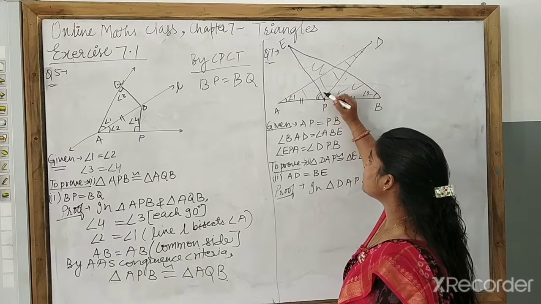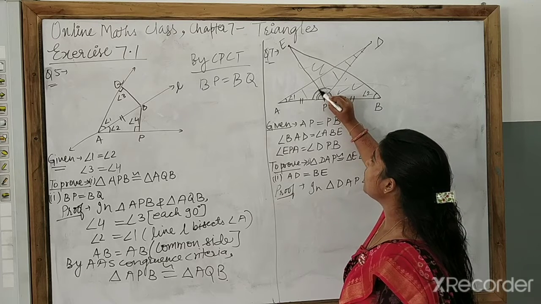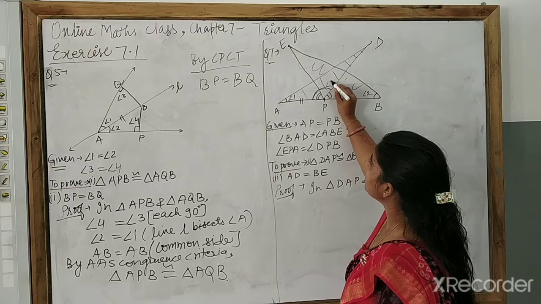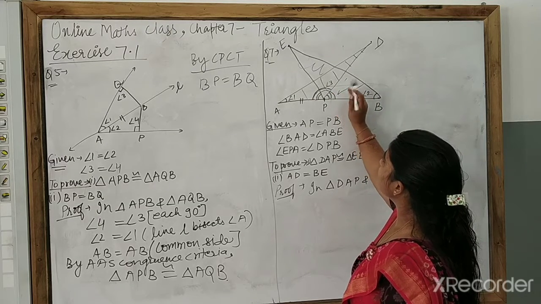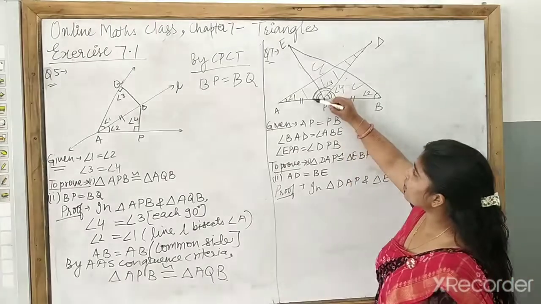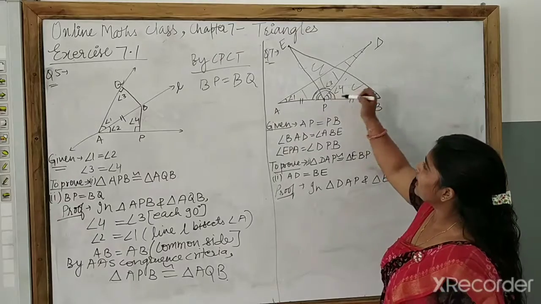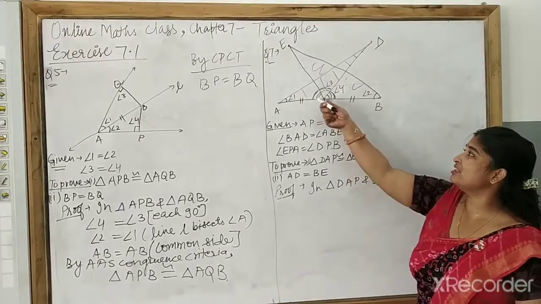What is my required angle? My required angle is this one. So I will name the required angle as angle 3. And for this triangle, the required angle is which one? Angle 4. It is clearly seen in the diagram. This one is your required angle for this triangle, and this one is the required angle for this triangle. But they have given this one to us.